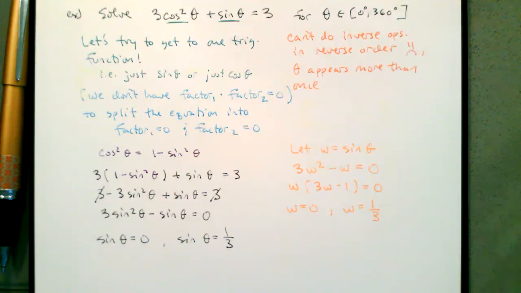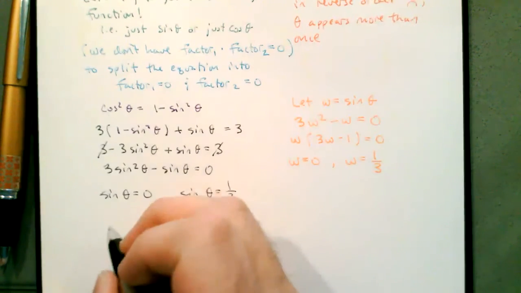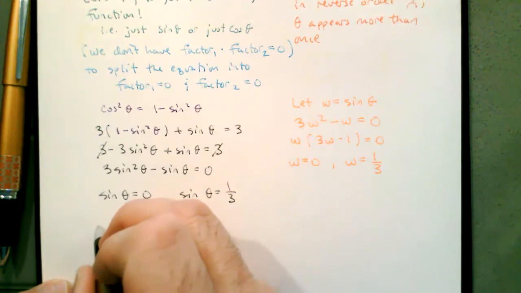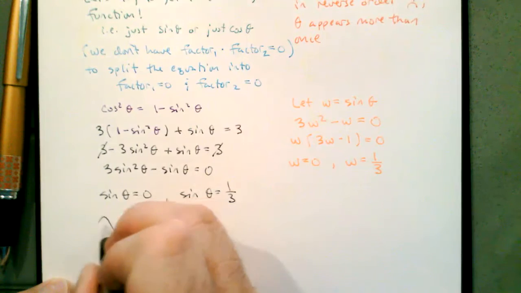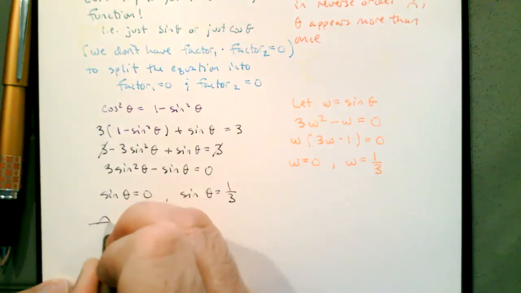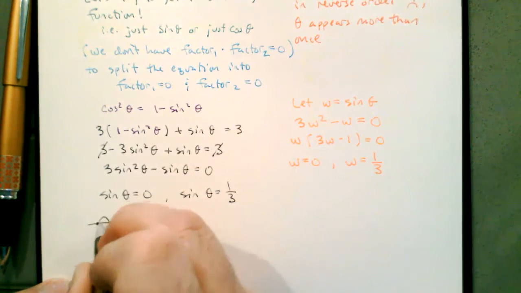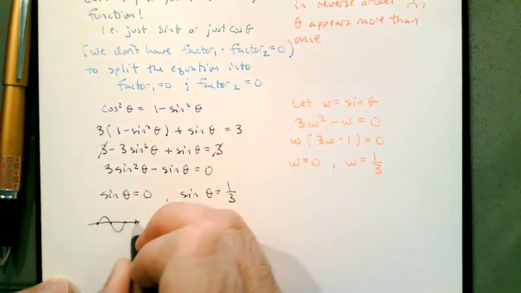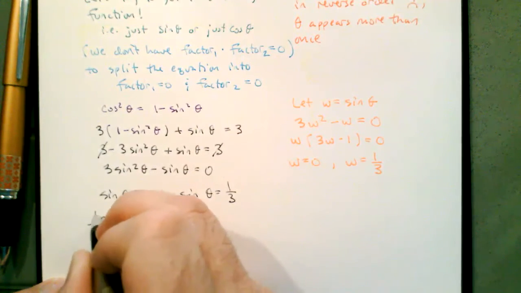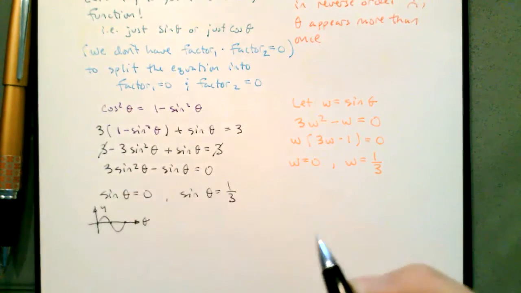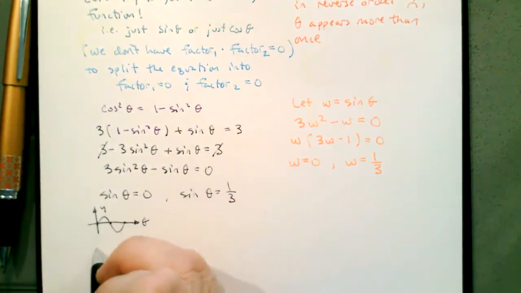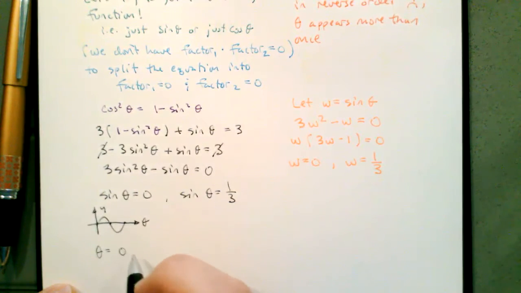So for the sine of theta is equal to 0 part, this is just a memory check. If we think about the graph of sine of theta, this tells us that theta is equal to 0, or theta is equal to pi.